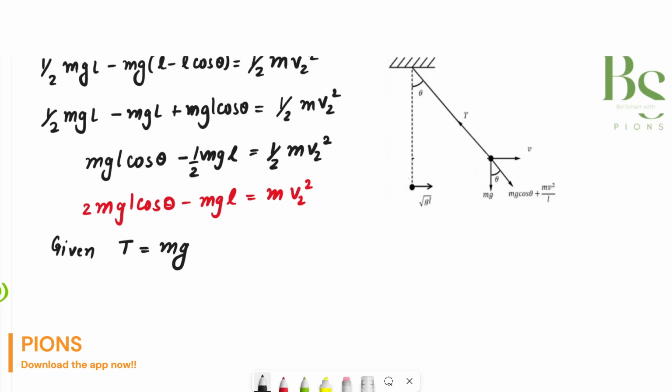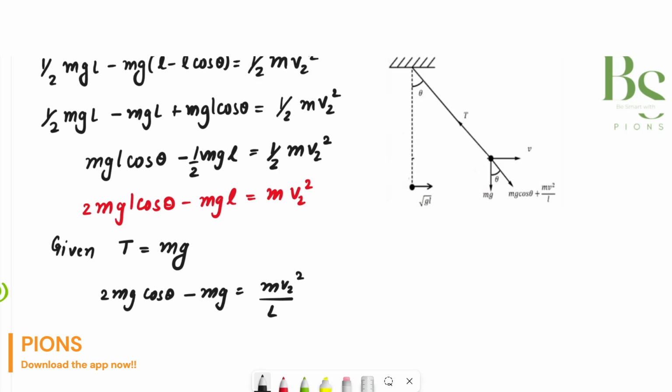So 2 mg cos theta minus mg is equal to m v2 square upon L, correct? This will be the condition.